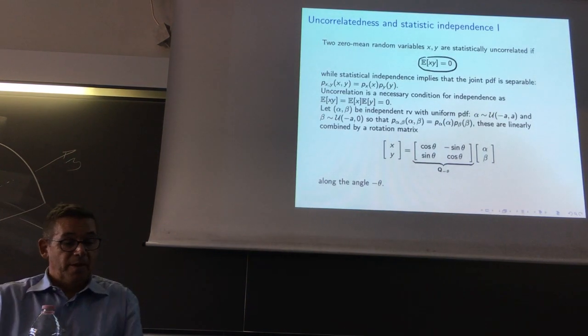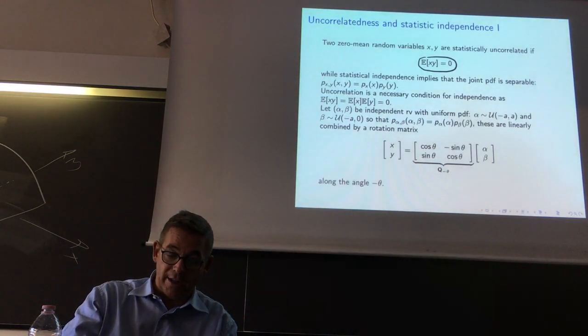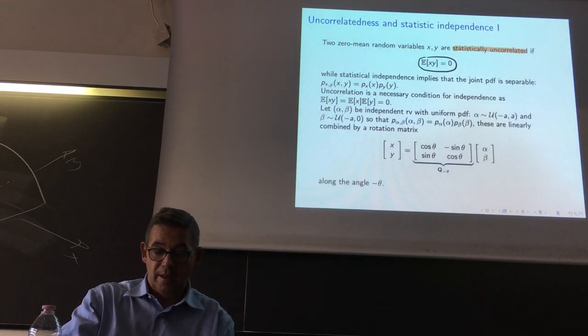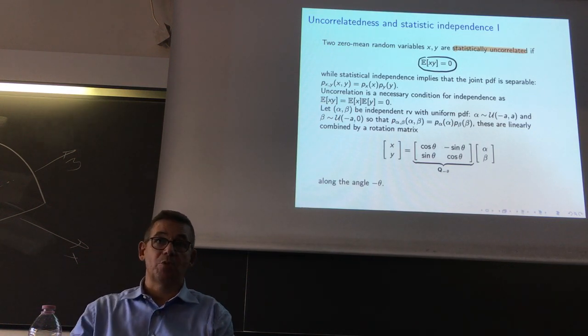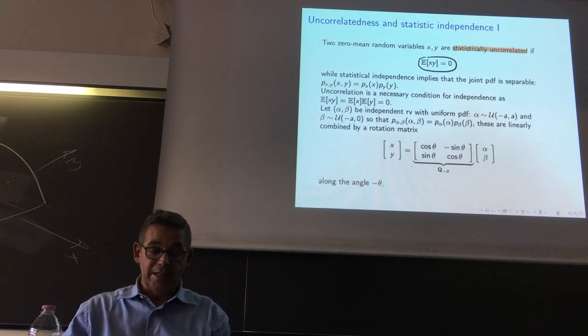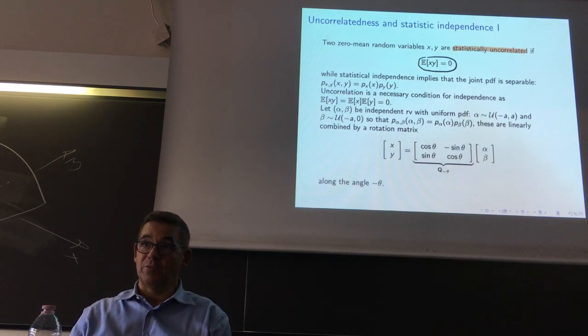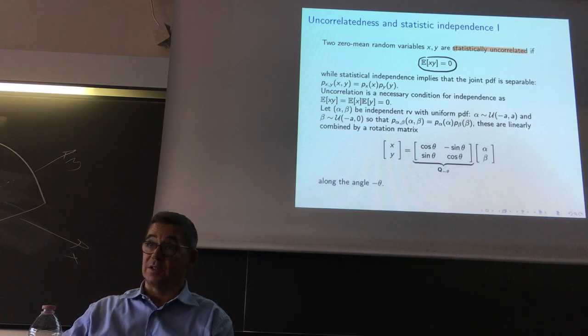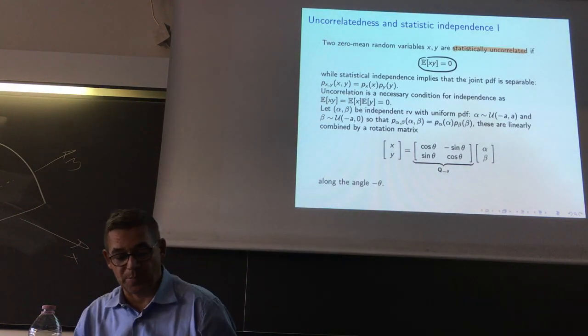So two random variables are statistically uncorrelated if the expectation of the product between x and y is equal to 0. And this comes from the correlation function that we will see when we consider the signals and the spectral properties of the signal.